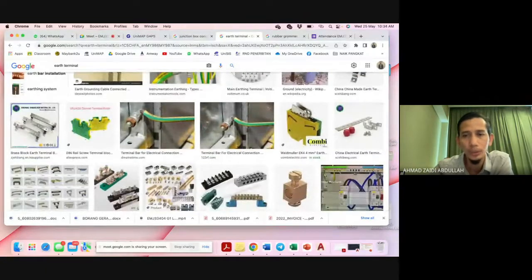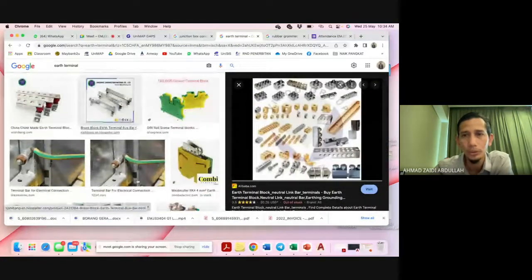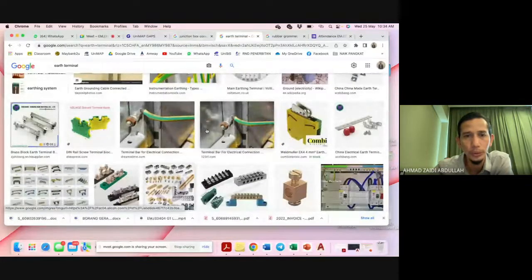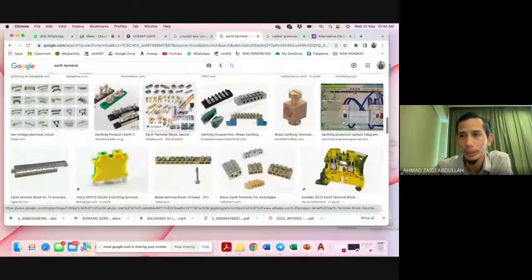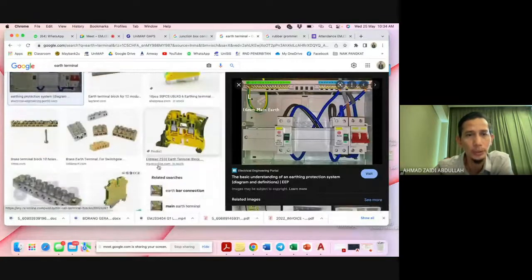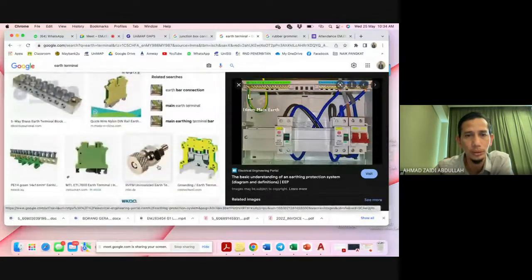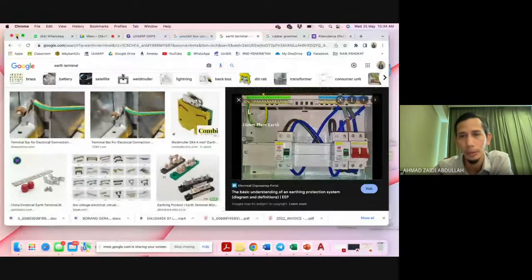Even DB pun you akan jumpa nanti earth terminal. So make sure you perform the earth terminal. Okay, ni contoh this example earth terminal. Kalau dalam DB macam ni earth terminal. Okay, main earth. Kalau dalam socket dia ada tempat dia kan, yang tempat termination hijau tu, kabel hijau tu. Alright.